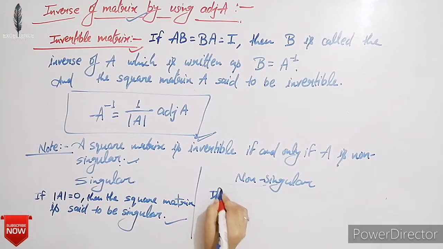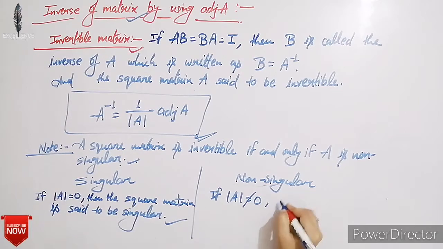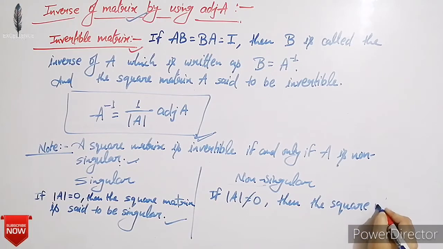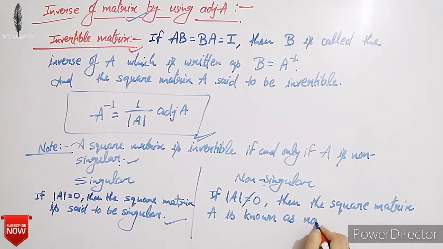And if determinant of A is not equal to 0, then the square matrix A is known as non-singular. Where the determinant value is not 0, that matrix is non-singular. For non-singular, determinant of A is not equal to 0. Clear?